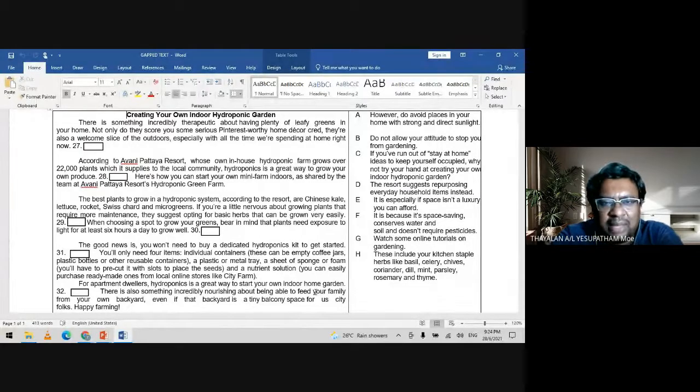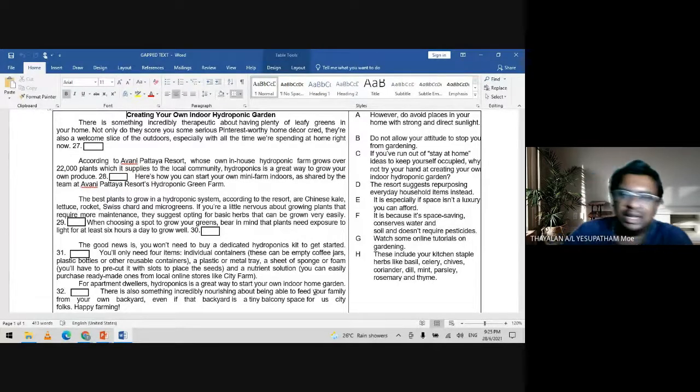Now that's the clue there. Basic herbs that can be grown very easily. So what do you think is the answer? It is very obvious. We don't even need to go through the options. Obviously, H, isn't it? These include your kitchen staple herbs, because we have the word herbs, like basil, celery, chives, coriander, dill, mint, parsley, rosemary, and thyme.